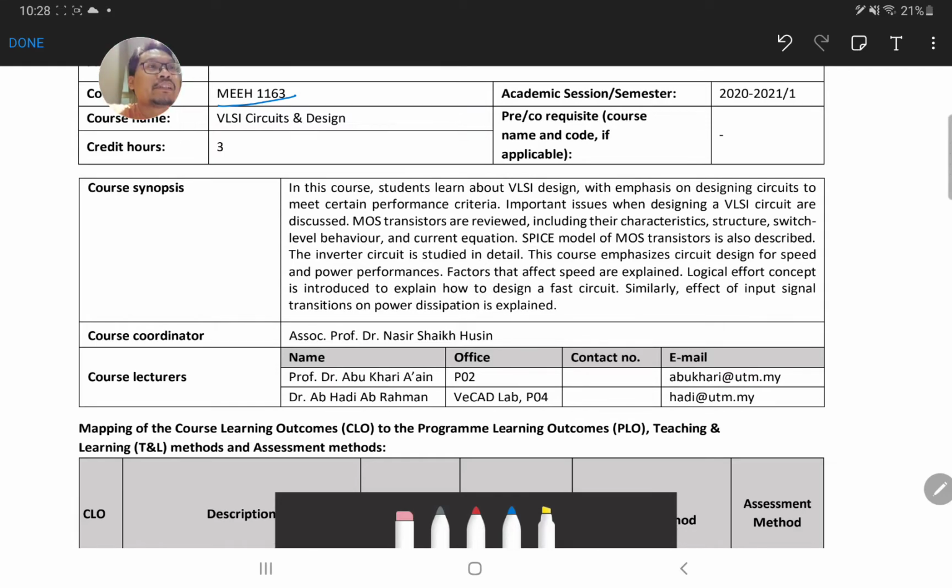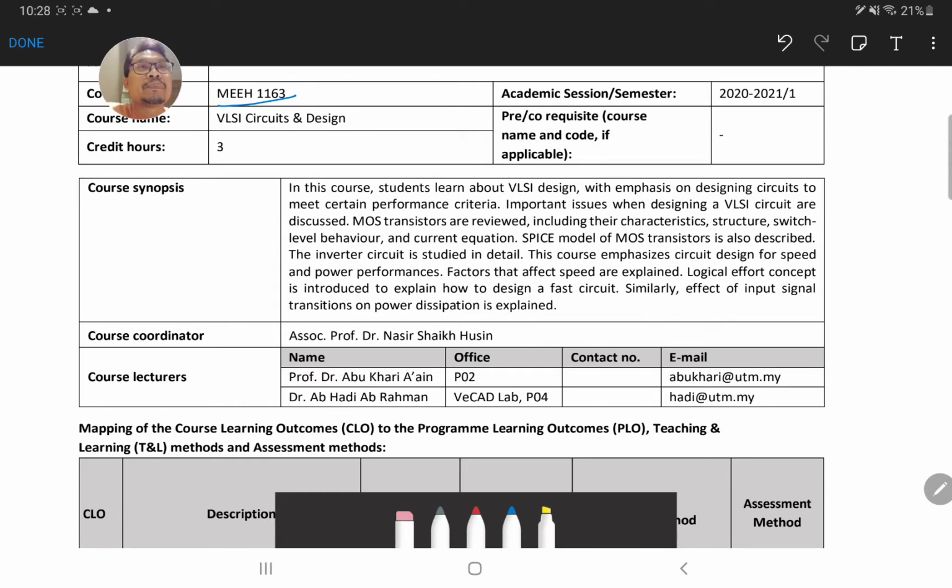We are looking at the characteristics of VLSI circuits, the structure, the switch level behavior, and the current equation. Mainly we are using the MOS transistors, or the MOSFET, which is relevant today as most of the chip designs are using the MOSFETs or the FinFET, which is basically the same thing. We look at the SPICE model of the MOS transistors.